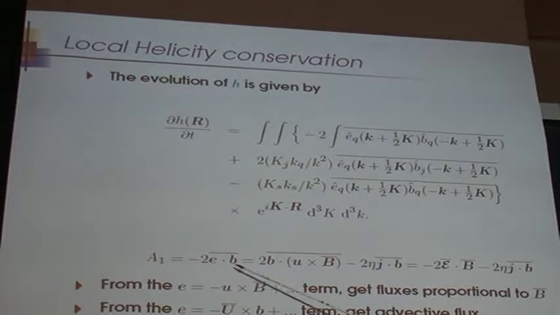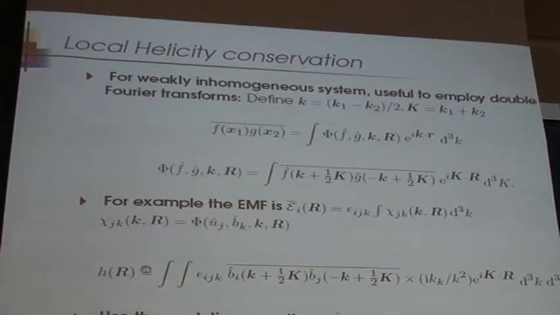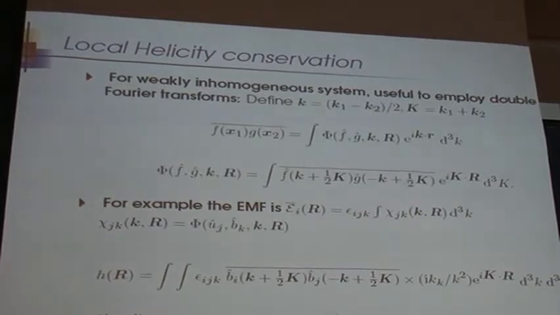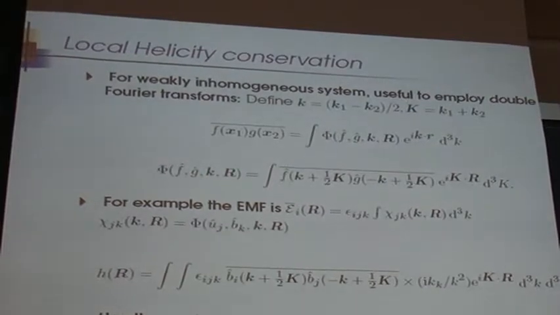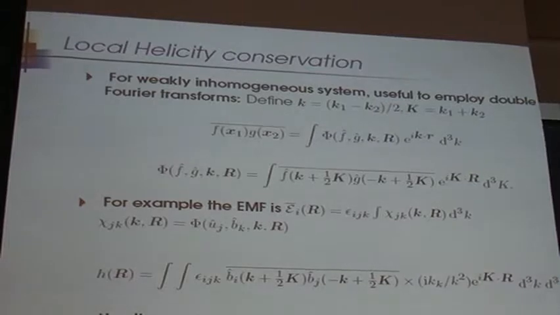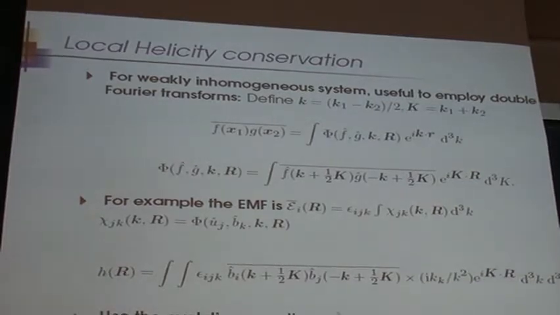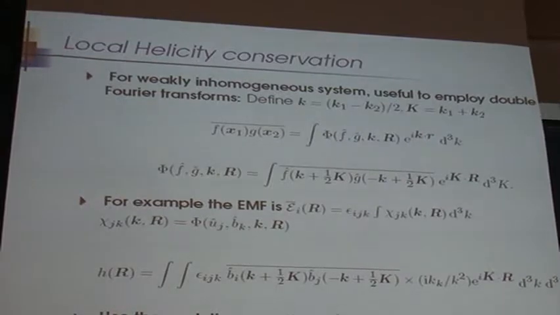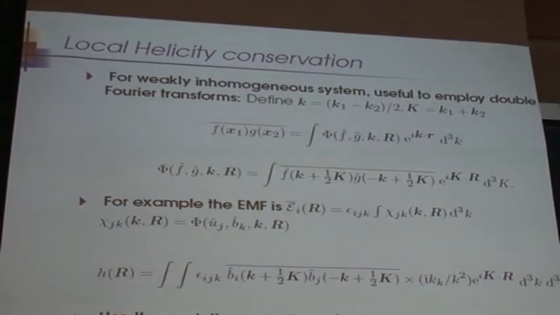And as you can see, because the electric field had all these different terms, and you are dotting it with small b, this term will drop out. This term, importantly, will drop out because it is perpendicular to small b. When we dot it with small b and take the average, this term will drop out. So you only have contribution from the resistive term and this u cross b dot small b.